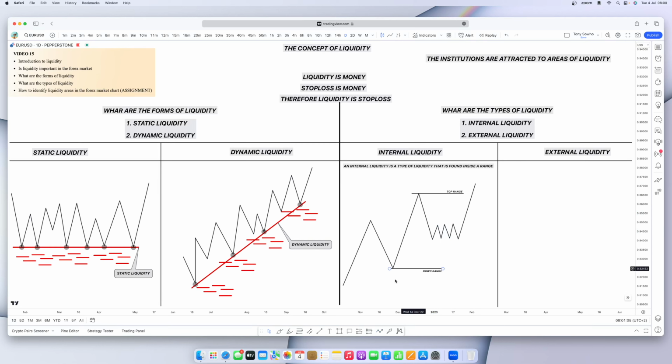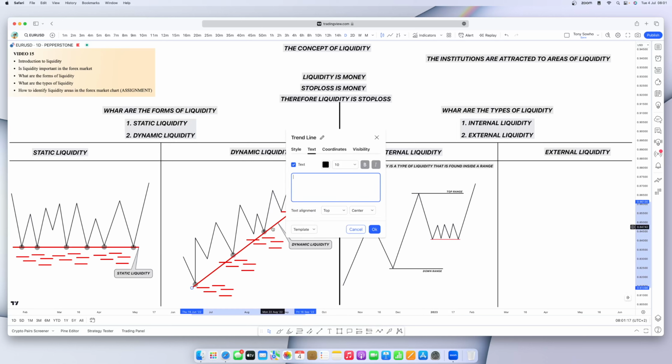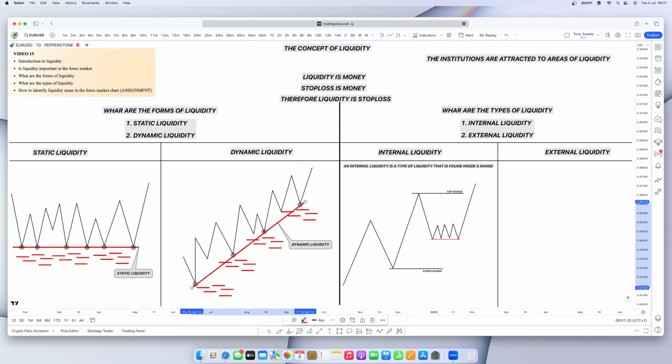What do you think has happened in this area? Price has given you a liquidity in this area. Now, what type of liquidity is this? This is an internal liquidity. It is an internal liquidity because this liquidity is inside a range.